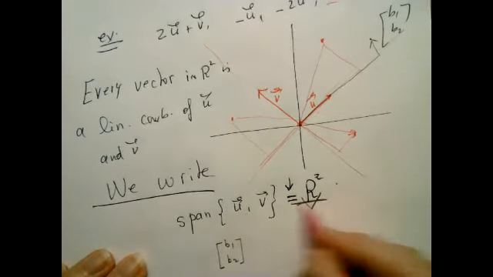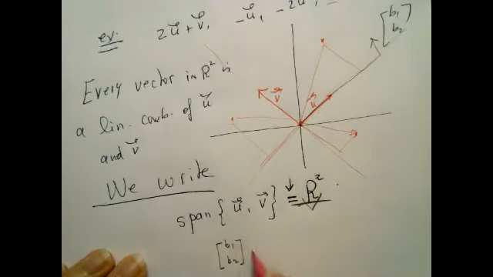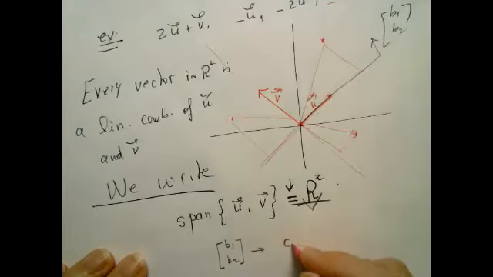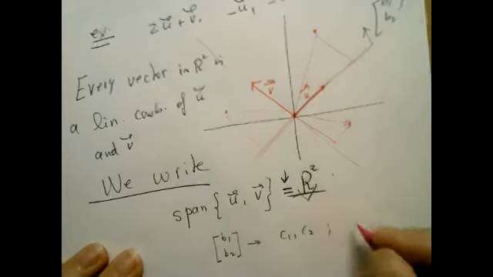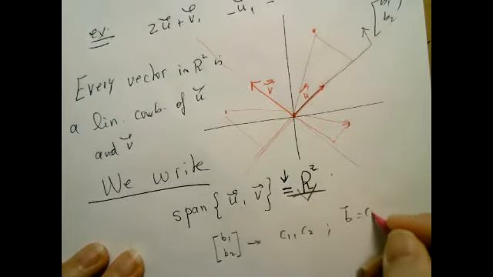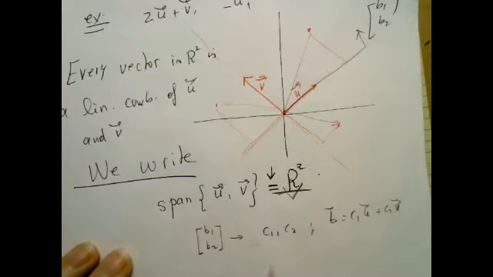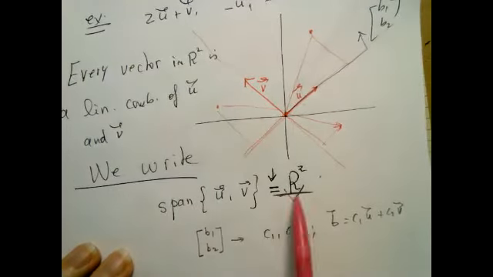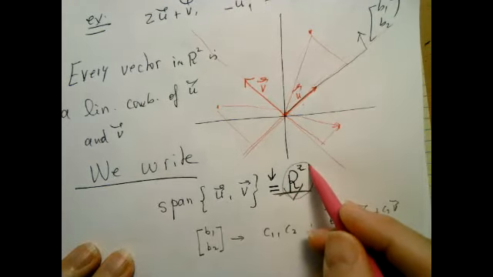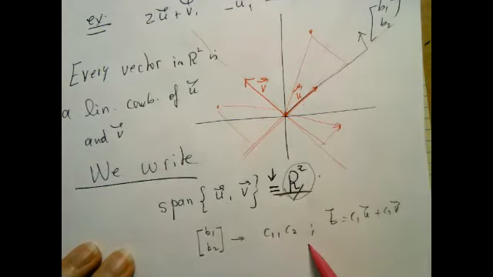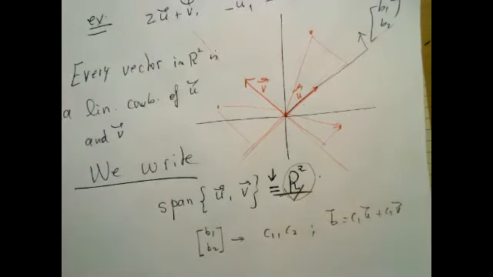So if I take any vector in here, then we can find c1, c2, such that b is c1 U plus c2 V. Okay, so saying that the span equals R2 means you give me a vector, I can give you the weights. And that's what we did in the first worksheet. We saw that regardless of what b1, b2 are, we can actually solve the system. And mathematically, we write this is equal to R2.